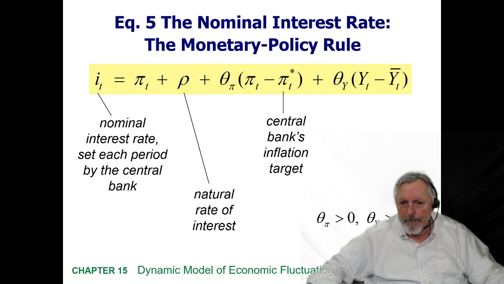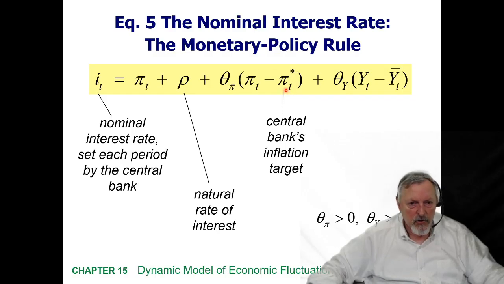So in this model, the Fed sets the nominal interest rate today, sub t, equal to the inflation rate today, plus the natural rate of interest, plus the difference between the current inflation rate and the central bank's target inflation rate.